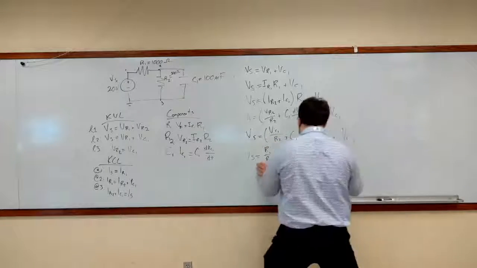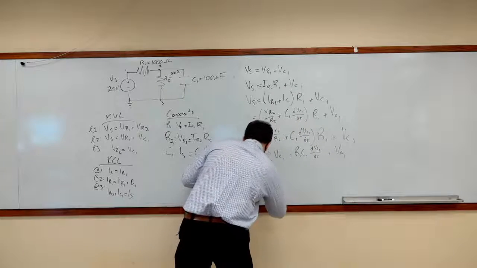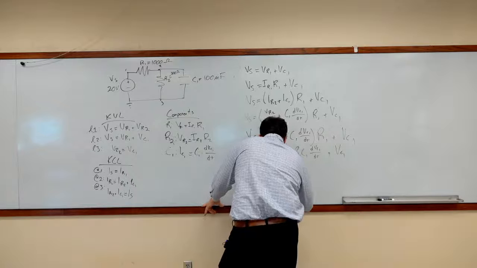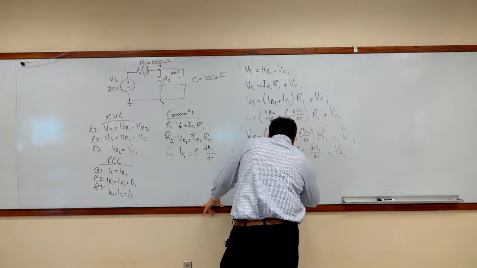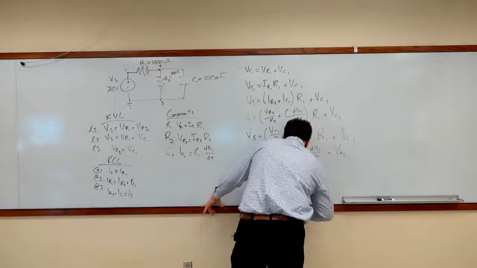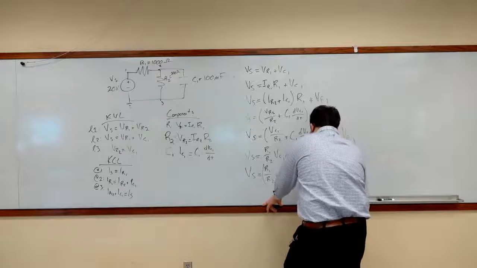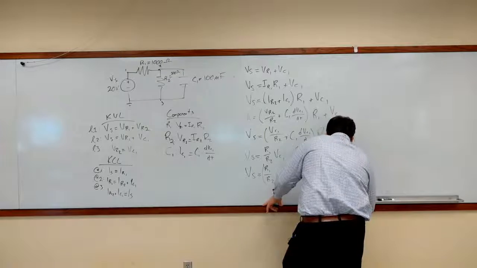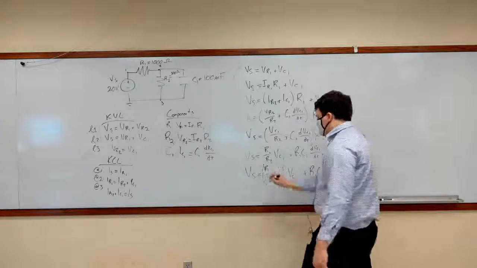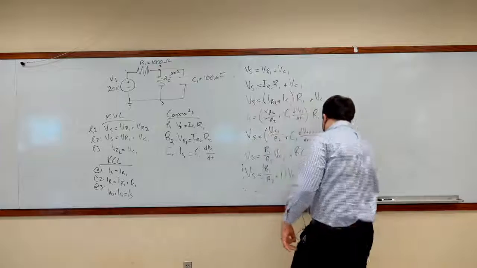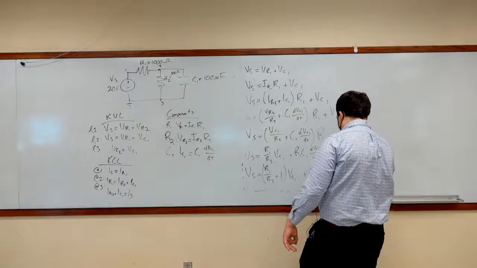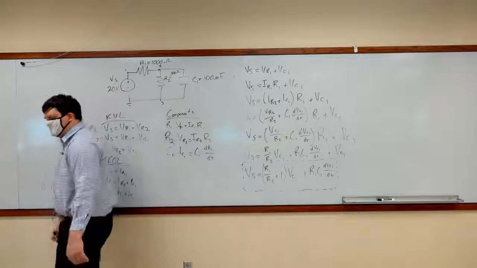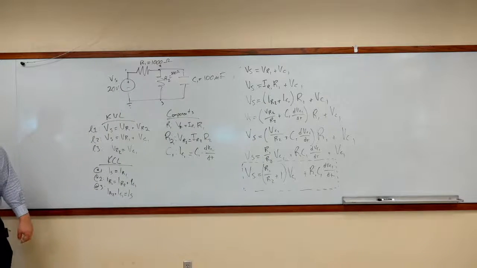And then we can add these two together, and we end up with Vs is equal to R1 over R2 plus 1 times VC1 plus R1 C1 dVC1 dt. And this is our constitutive equation. That one is the big kahuna laguna.